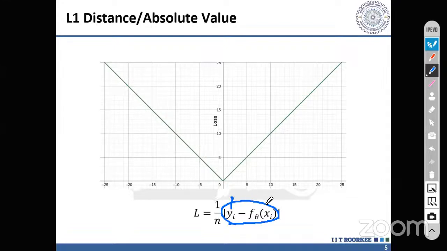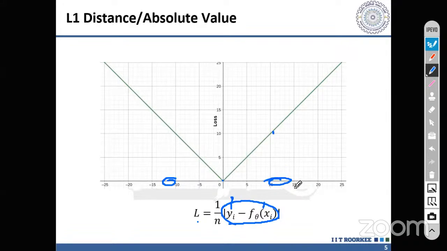If it is larger, you'll get a positive difference; if it is smaller, then you'll get negative. Whatever it is, the loss will always be positive. So this is the loss function. It is absolute error.